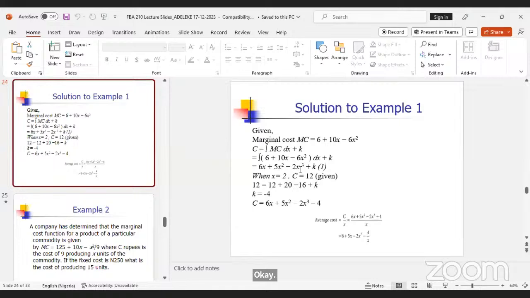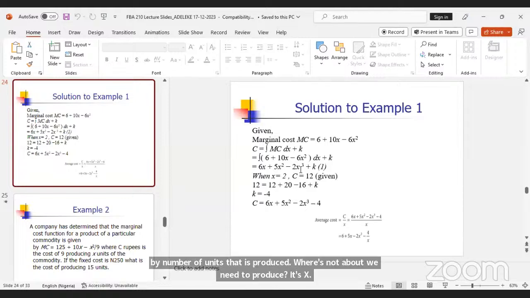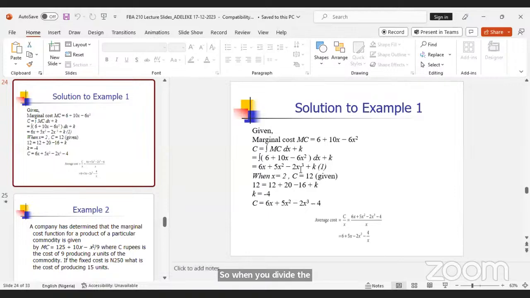So if you are relating that to our cost function here, it simply means the total cost of producing x units, x is the number of units that you are producing, divided by the number of units that is produced. What is the number of units produced? It's x. So when you divide the total by x, you will have the average cost.